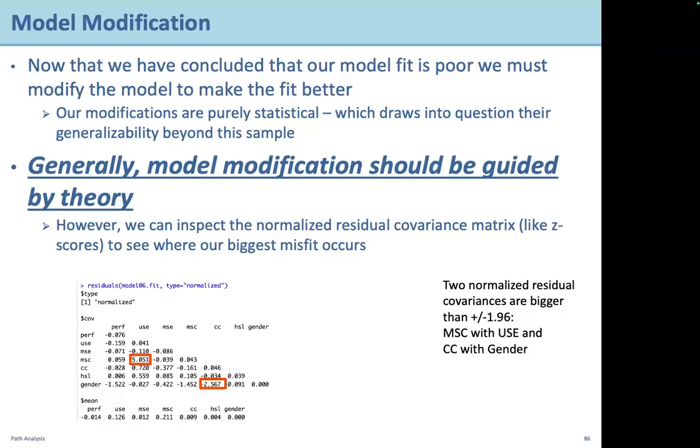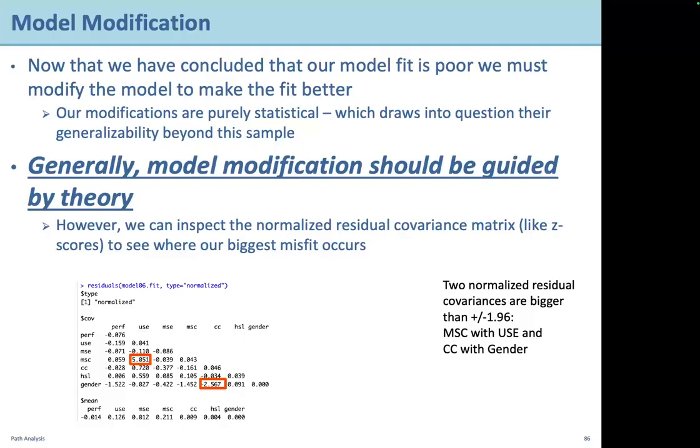This is the difference between the saturated model's covariance, which is basically what you see in your data if you were just to get an estimate of covariance, and what the model thinks it should be based on the model parameters. These are normalized, meaning we interpret these like z-scores, so anything that's plus or minus 2, or even plus or minus 3, says it's quite a way away from 0 in a statistical sense.